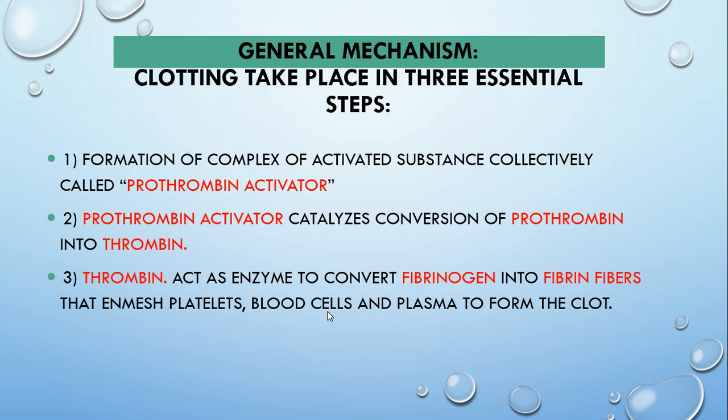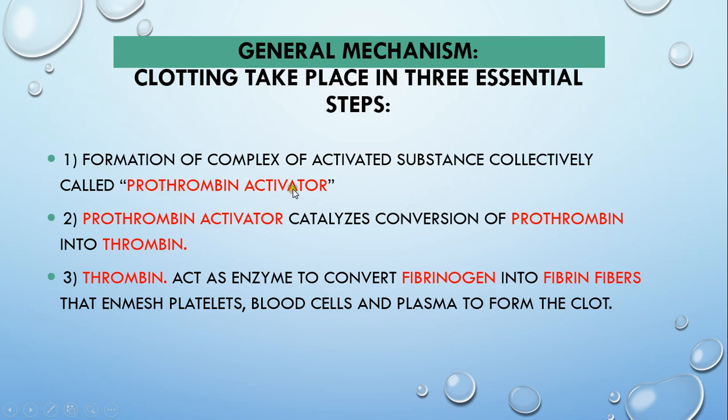The general mechanism of clotting occurs in 3 essential steps. The first step is the formation of prothrombin activator. The prothrombin activator is formed by another mechanism which is known as the coagulation cascade pathway, the extrinsic pathway and intrinsic pathway.